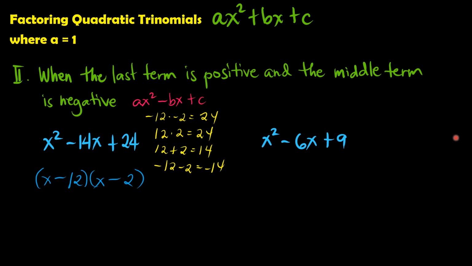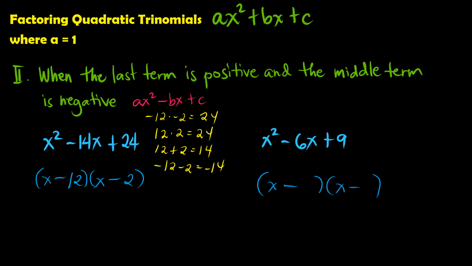Suppose we have x squared minus 6x plus 9. So, automatic, we will have x times x. At dahil nga positive yung last term natin, kung ano man yung sign sa middle term, kokopyahin lang natin sa parehong factor. So, meaning, we are going to have minus and minus.